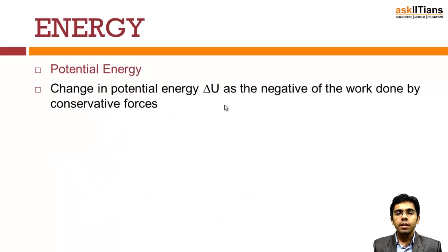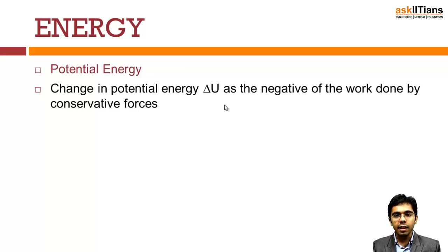Now what is the potential energy? In junior classes we must have done that the potential energy is that kind of energy that comes only by virtue of its position. That is, it is position dependent.